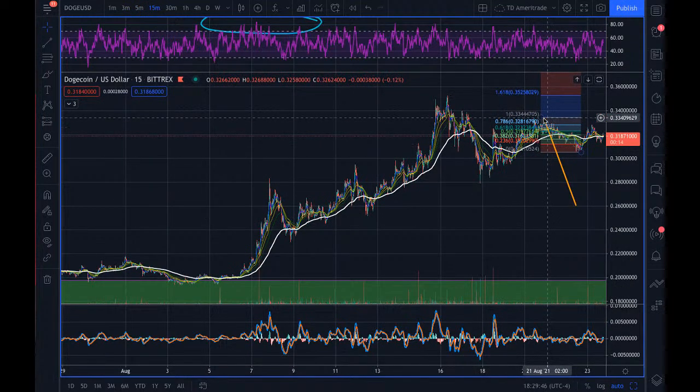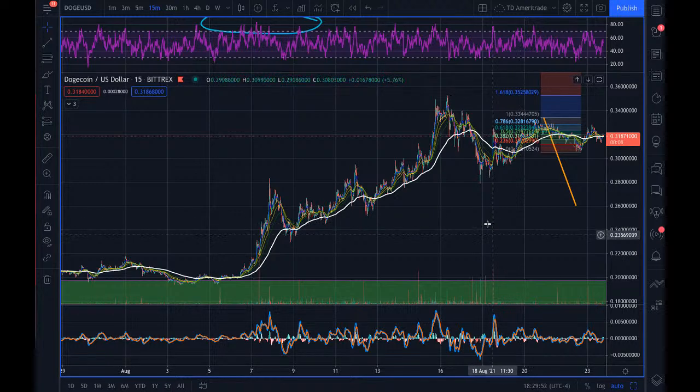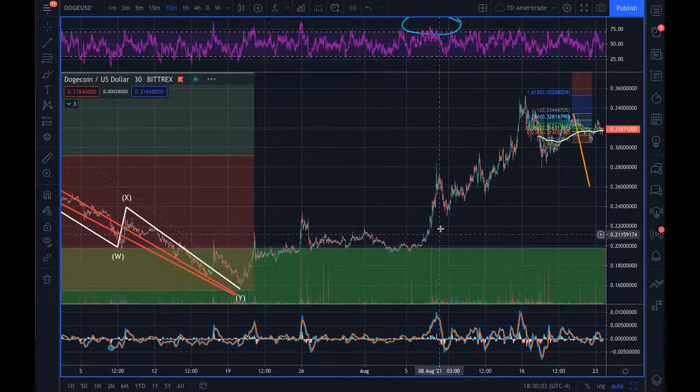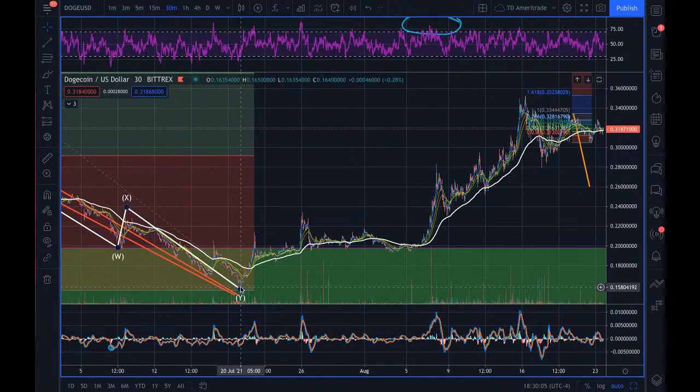The question everyone's asking is, is Doge going up or down? Is this the beginning of a bull run in Dogecoin? Let's go out a little bit further. So from here up, is this a bull market starting?